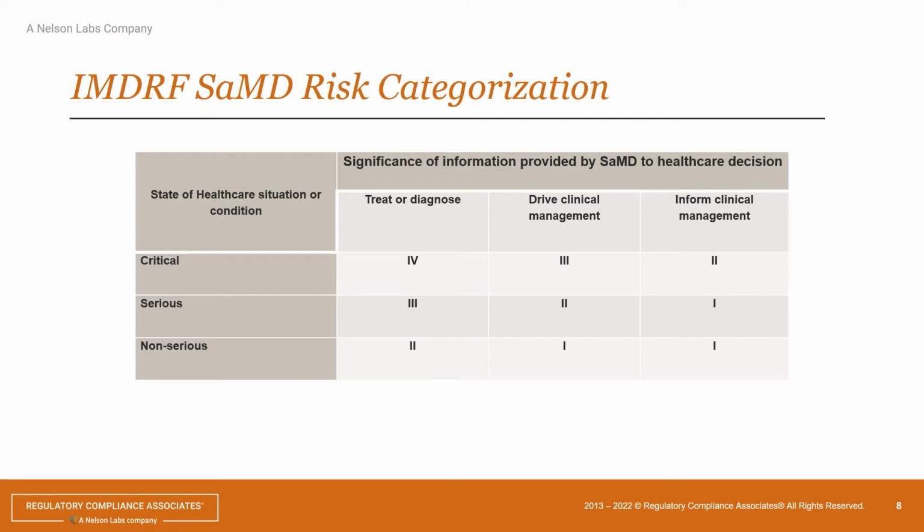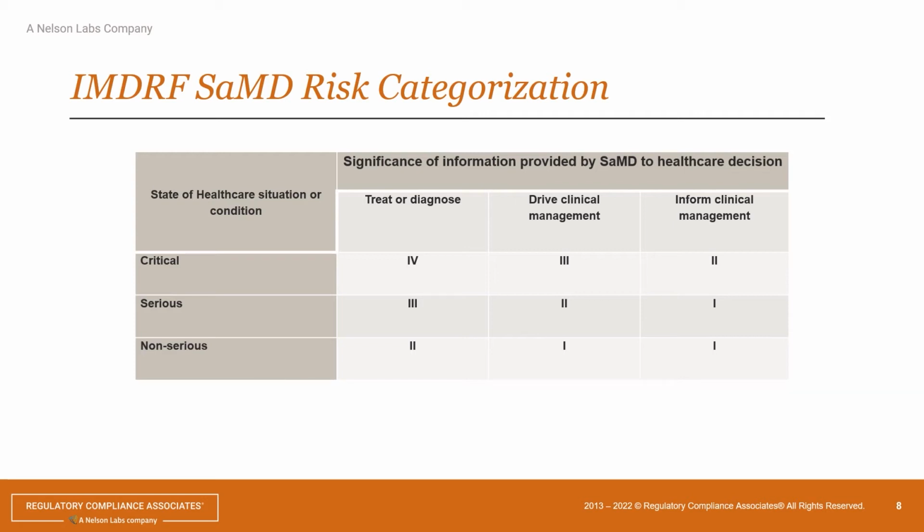Or is it something that doesn't require any sort of action? Obviously critical is the highest risk, and if you're treating or diagnosing and it's critical, which means pre-mitigation it could lead to death, then it's a Cat 4, which is the highest level of risk.